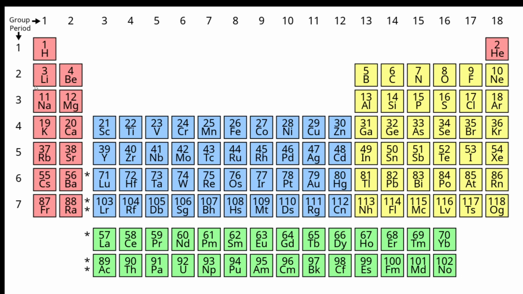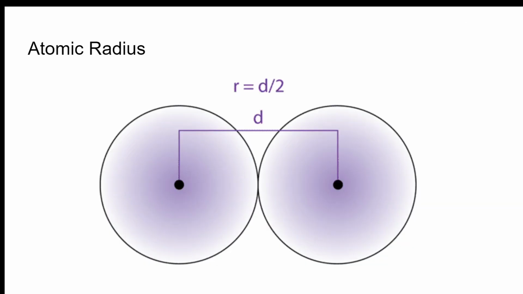And as we increase the number of protons, those protons are then going to be able to grab hold of that outer energy level a little bit more strongly, which is why we end up having the small decrease as we go from left to right.